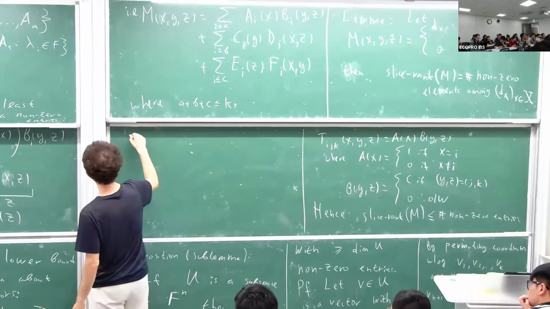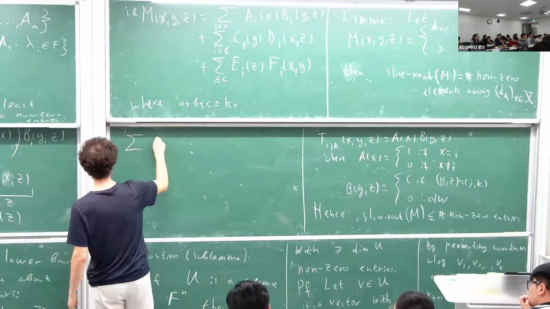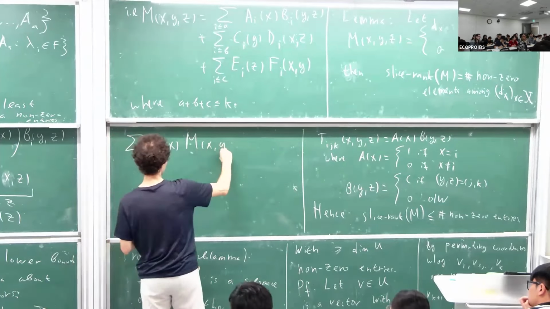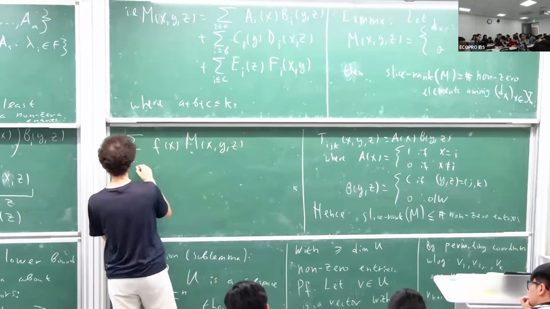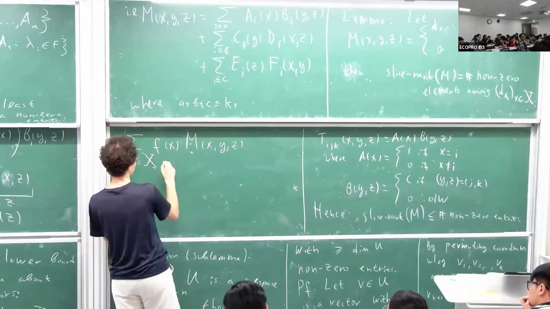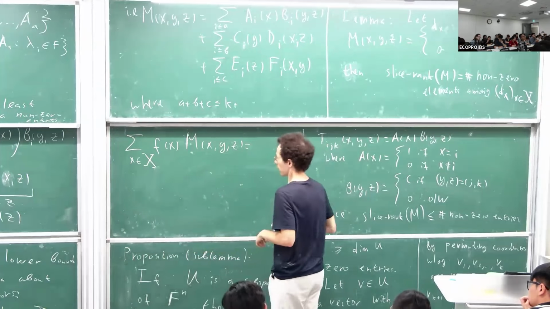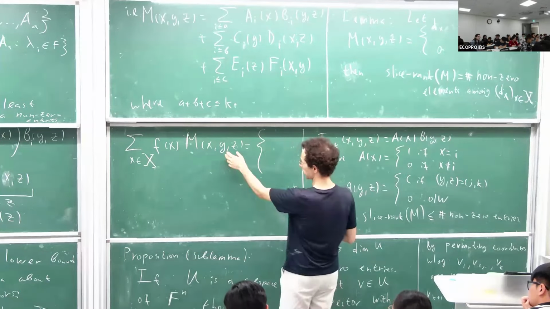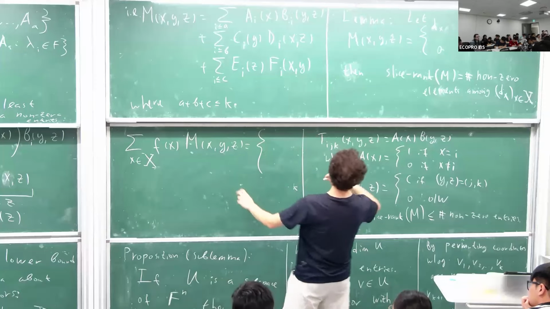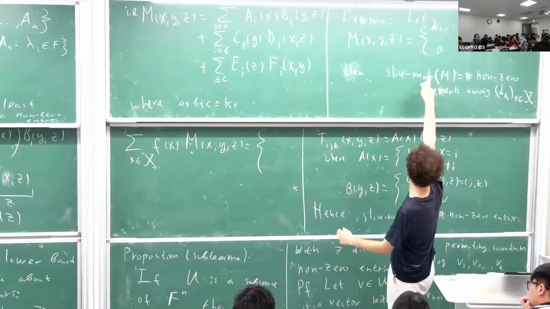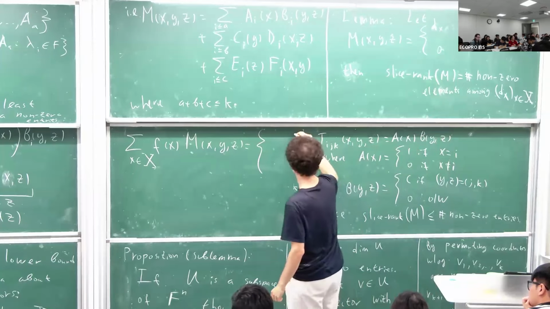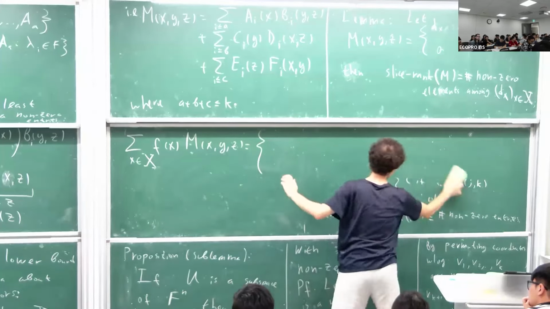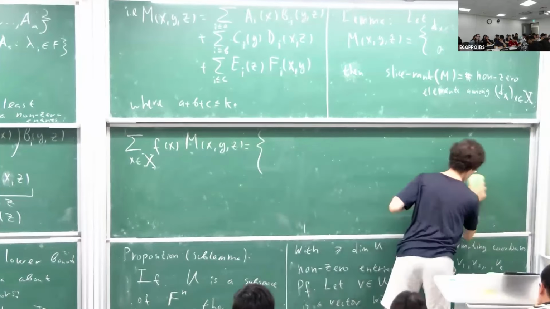So this is the sum of f of x, m of x, y, z over x. Well, this is a function of y and z. It's going to be non-zero only if y and z are equal, because otherwise we're getting 0 there. So the non-zero term is only there when y and z are equal.